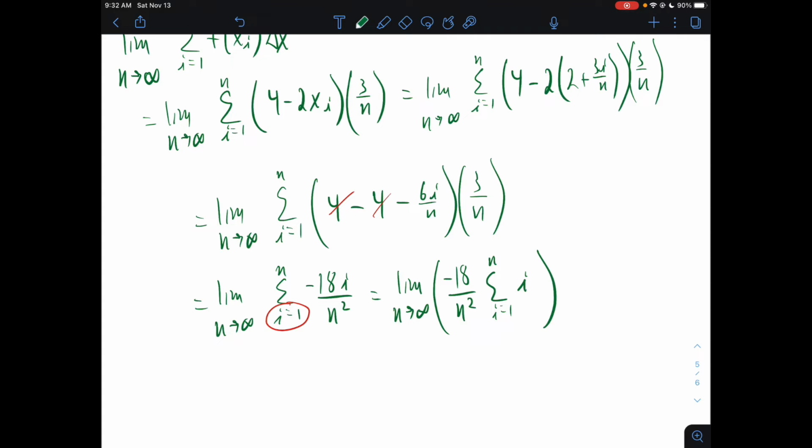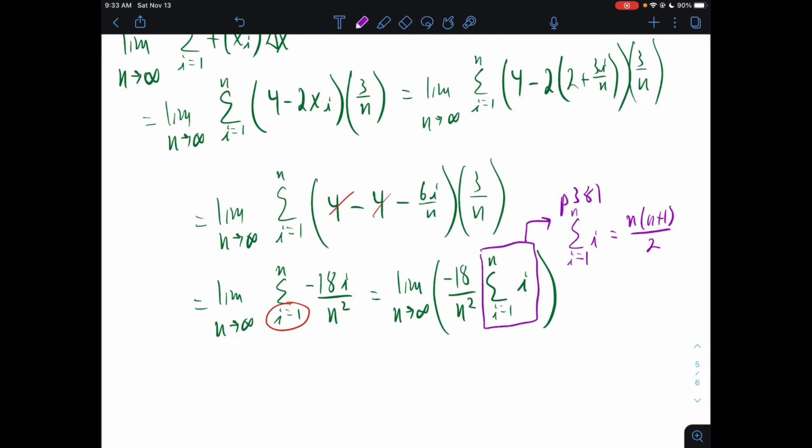So now in this section, you're given some values of some sums. If you take a look on page 381, the sum from i equal 1 to n of i is equal to n times n plus 1 divided by 2.